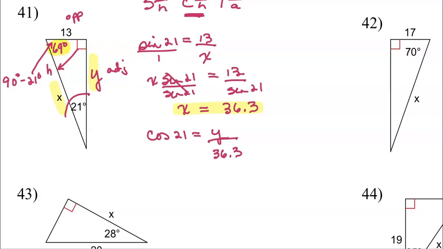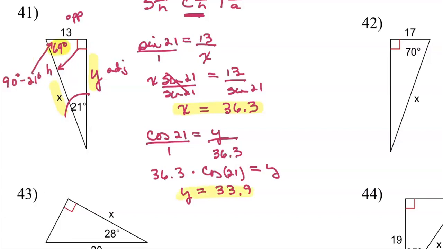So this is a one-step problem. So if I say 36.3 times the cosine of 21, I get y. So my y is approximately 33.9. Excuse me, 33.9 not degrees, because that was not an angle. Okay, so that's my other side length.